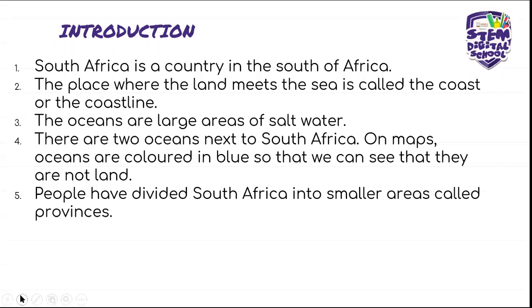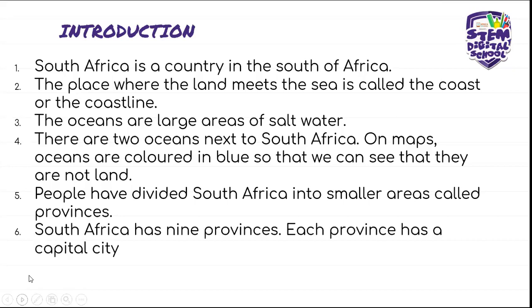Stay tuned. South Africa has nine provinces. Each province has a capital city. We are going to learn about the capital cities next week, but today we are going to stick to the other part. But you should also know that.